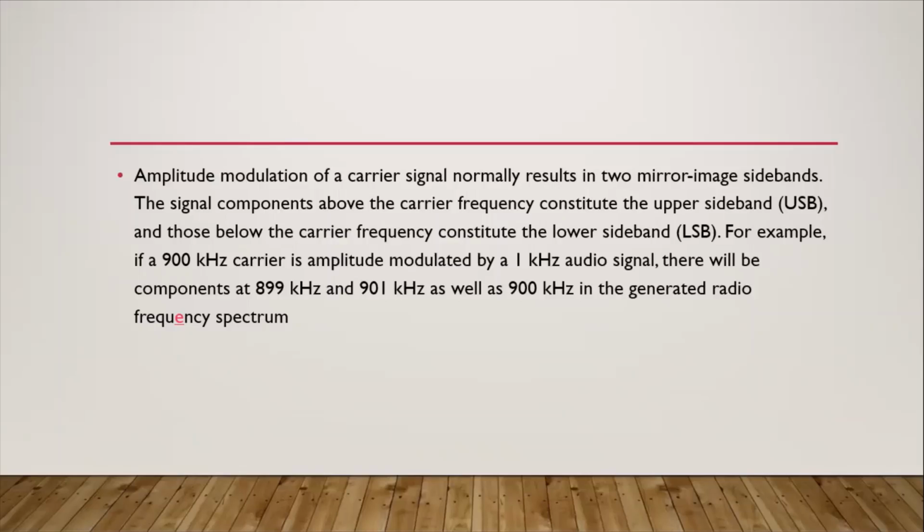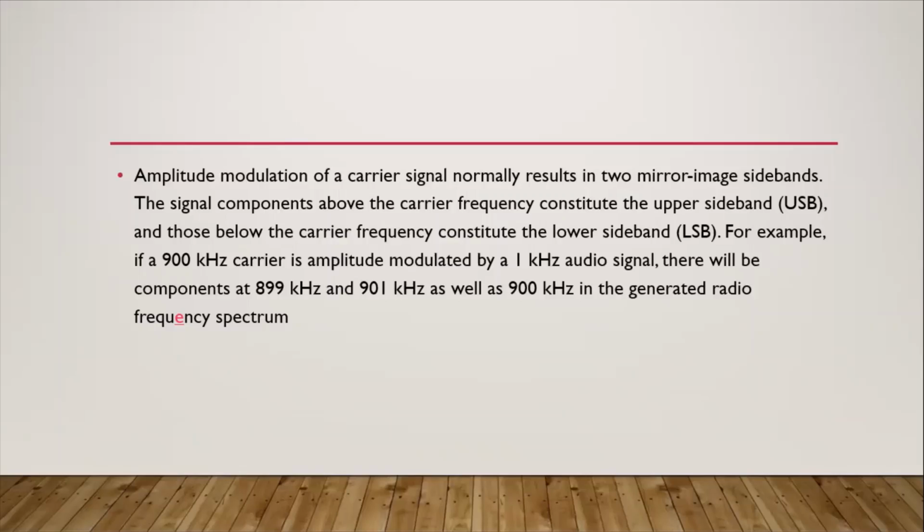Then, para maiwasan yung interference between other broadcasting stations, kaya nagkakameron ng sideband. Kaya usually, nagkameron ng components na 899 kHz and 901 kHz as well. It will be equal to 900 kHz in the generated radio frequency spectrum.